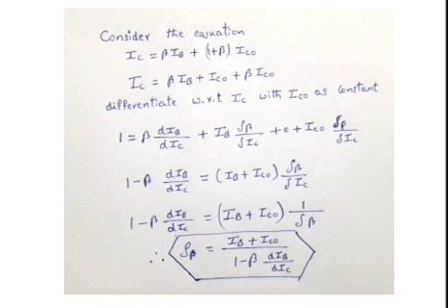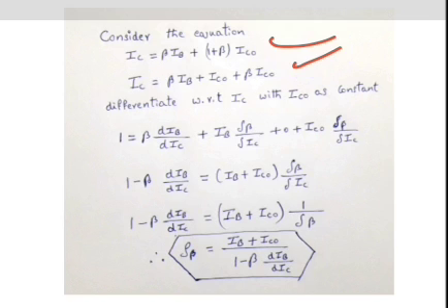Consider the equation IC. IC equals beta IB plus 1 plus beta into ICO. IC equals beta IB plus ICO plus beta ICO. I am multiplying the ICO into 1 plus beta.